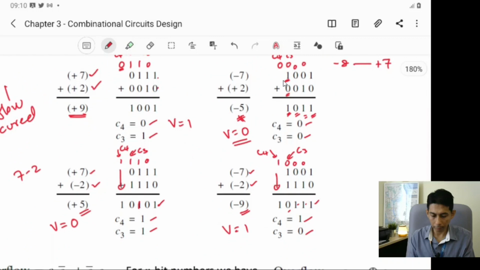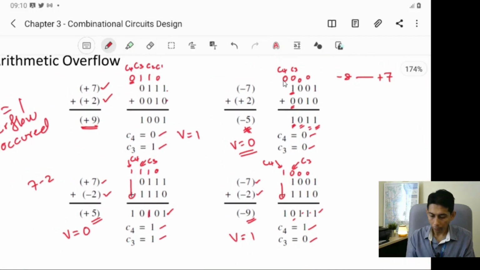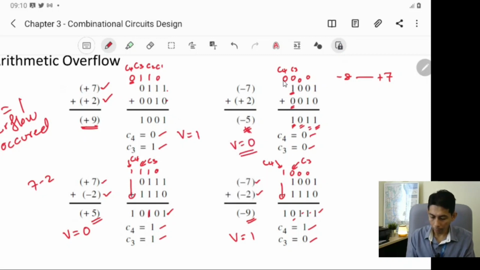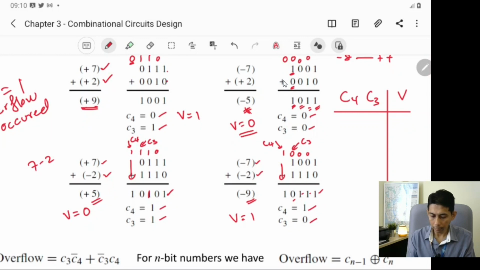So when we look at all of this operation, we can make one conclusion, the relation between C4, C3, and the overflow V. So we can have something like this: C4, C3, and V. When 0, 0, what is V?